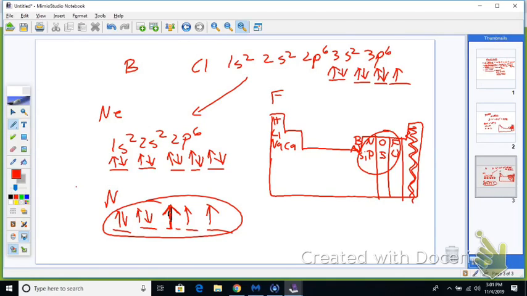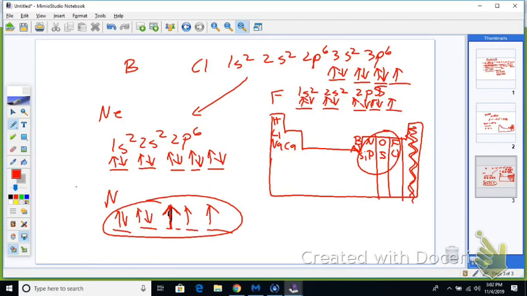Fluorine. Guess what fluorine wants to be like? Neon. Needs 1. Has a high affinity for electrons. It gives off a lot of energy once it gets that electron.